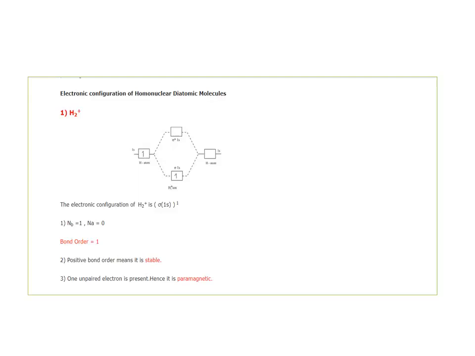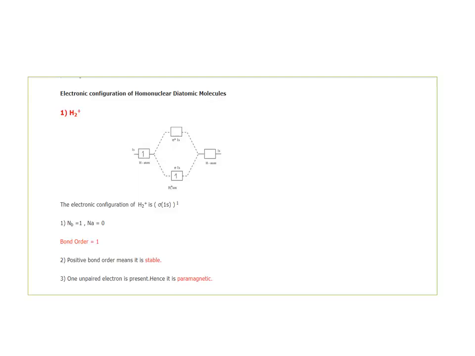In the same way, you have to draw a molecular orbital, and before going for that, you have to write the electronic configuration of H2 positive, and it contains how many electrons? It contains only one electron, so it will be sigma 1s1, and fill this one electron for the one hydrogen atom, and for the other hydrogen atom it is vacant.